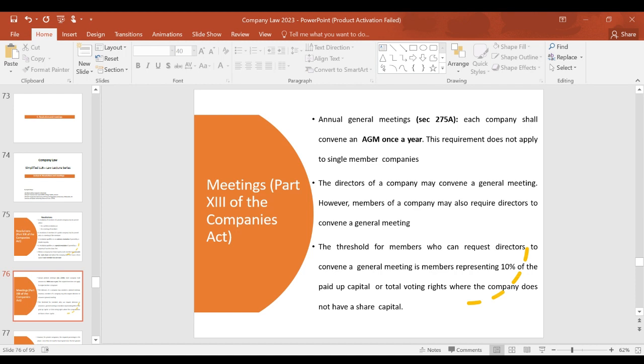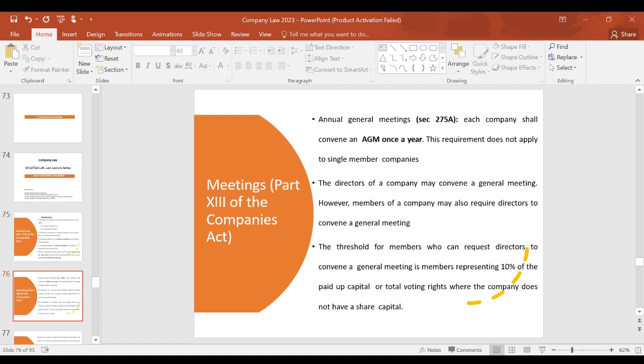However, not only directors can constitute a meeting, but also members can require that directors convene a general meeting, and there are several requirements that must be fulfilled for a meeting that is being called by the members of a company, or members requiring directors to convene a general meeting.